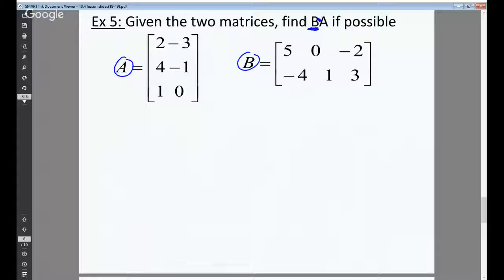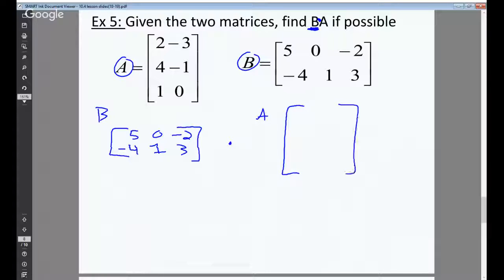And since B is in front, you better rewrite it so that matrix B is in front, because again, order does matter. So matrix B is in front, and we're going to multiply that by matrix A, which is now in the back. So 2, -3, 4, -1, 1, 0.